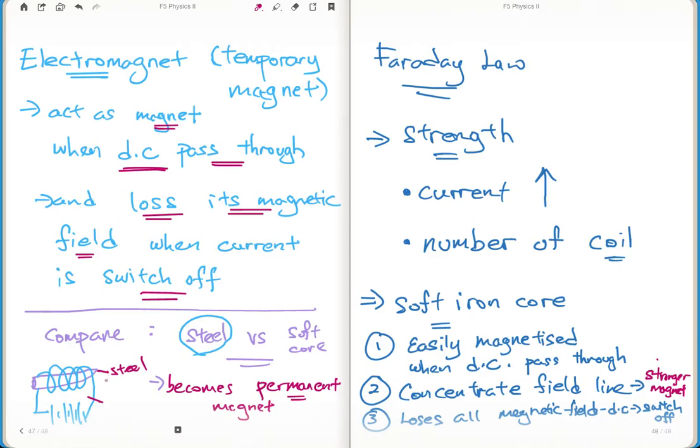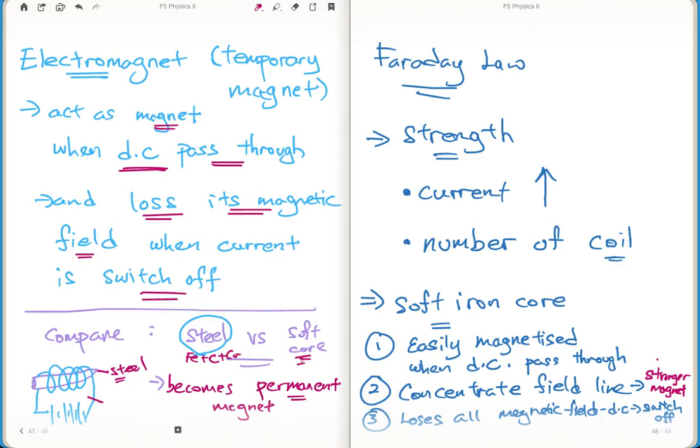In some security doors, they use soft iron core instead of steel, because when you pass current through, you lock it. When you want to unlock the door, all you need to do is cut off the current, then you're able to open the door. So you do not use steel. It is still ferrum, but you have ferrum plus carbon at least, or maybe chromium.